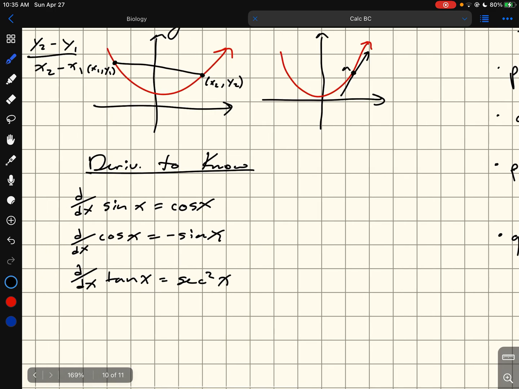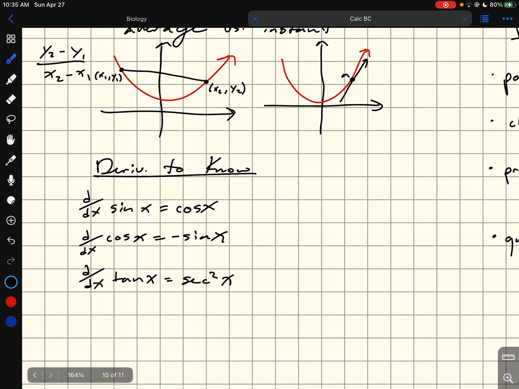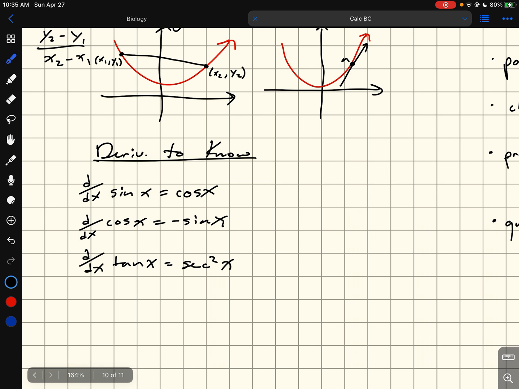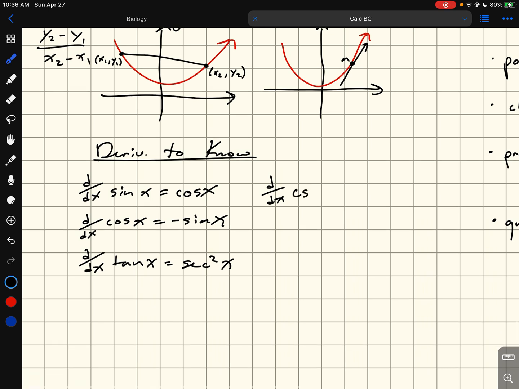I feel like I did this already, but I don't remember, so I'm just writing it again. And then a bit more obscure, but you should still know, are secant, cosecant, and cotangent.